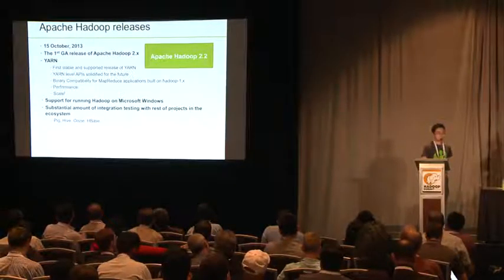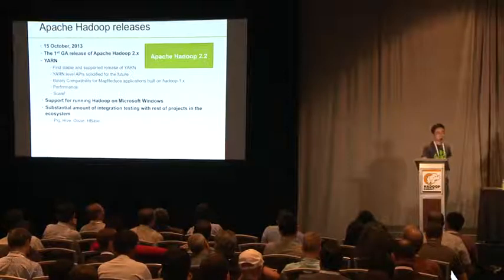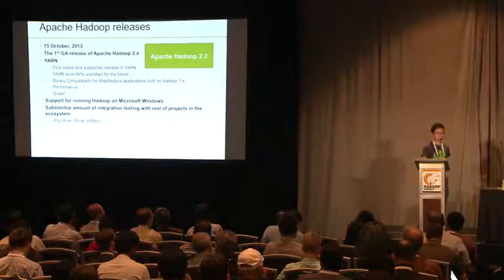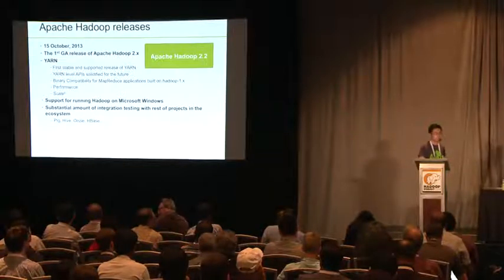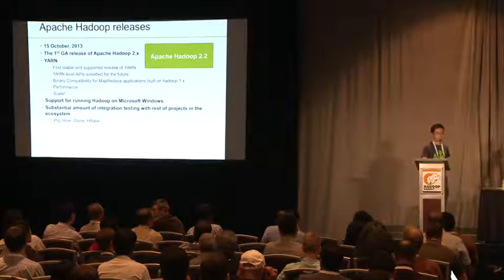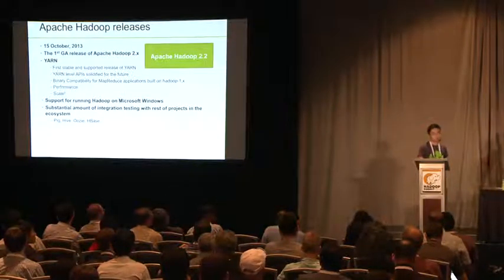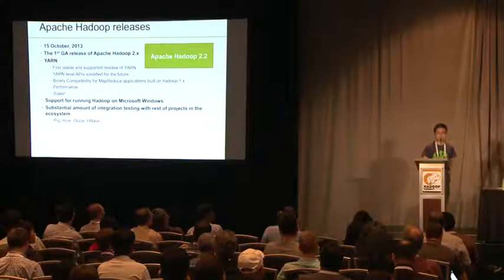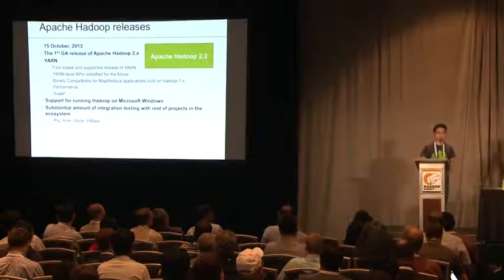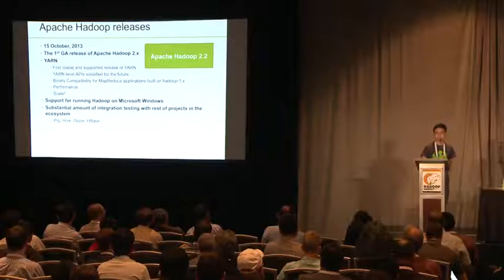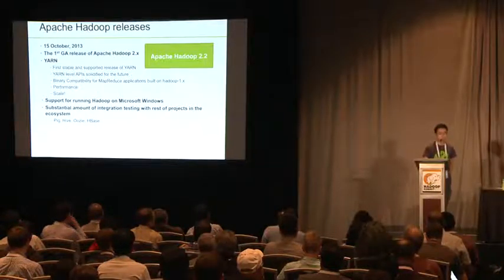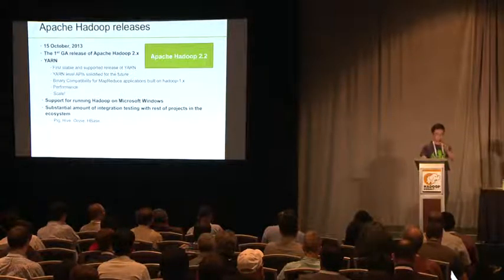This also gives us a much bigger performance boost, not just in terms of scalability. Hadoop is also now able to run on top of Windows, and we not only substantially tested Yarn itself, we also substantially tested Yarn with the rest of the ecosystem, like Oozie, HBase, and so on.